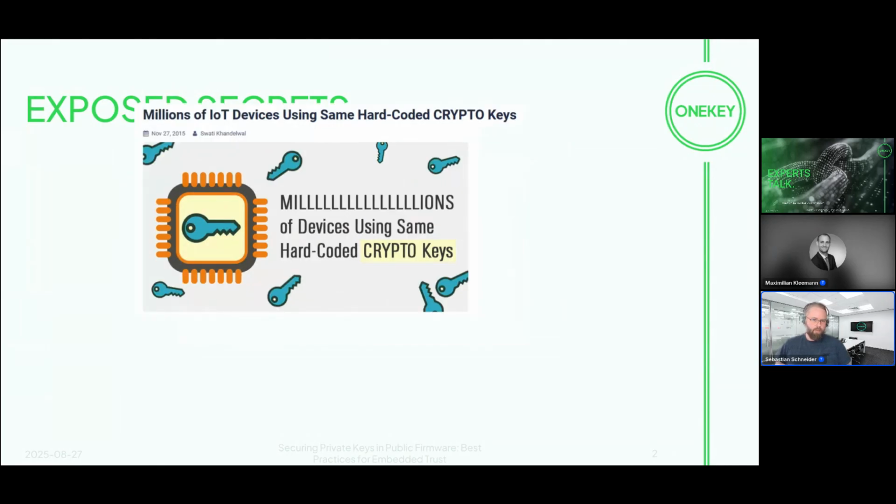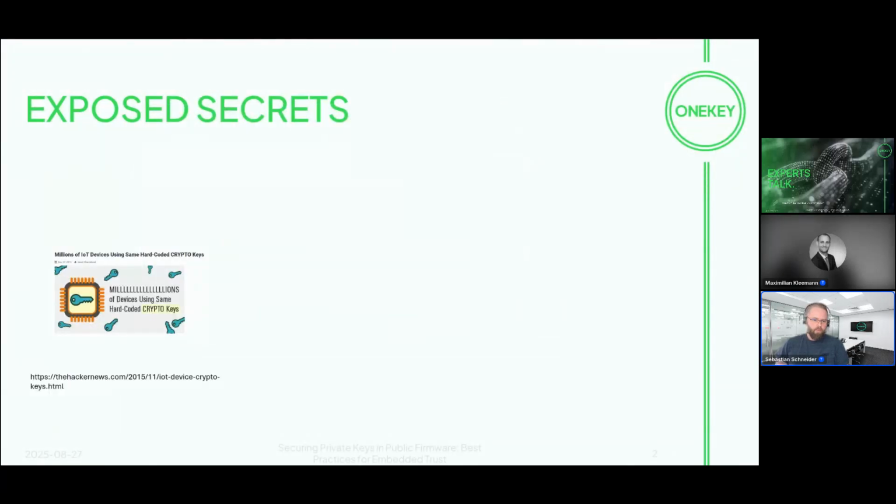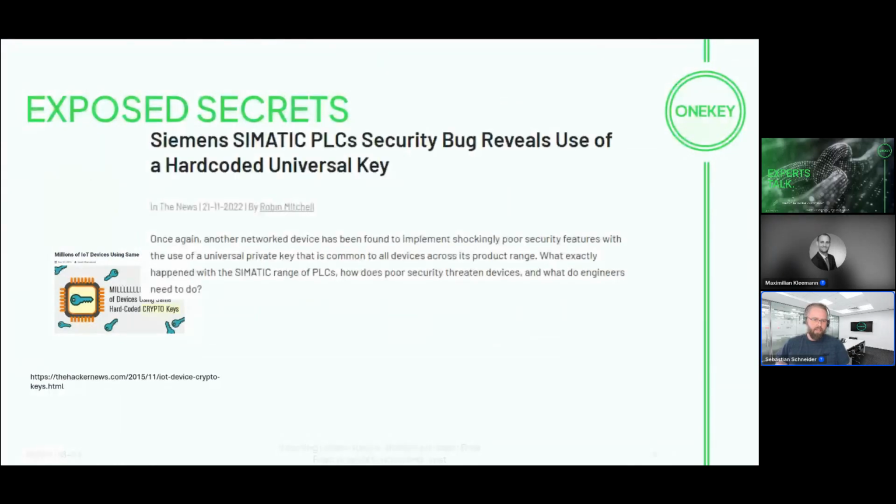That was 10 years ago, but there are also more recent findings from 2022, where even a big player showed that they still have legacy protocols and mechanisms to encrypt and decrypt configuration files on their devices and use static hard-coded keys for this.